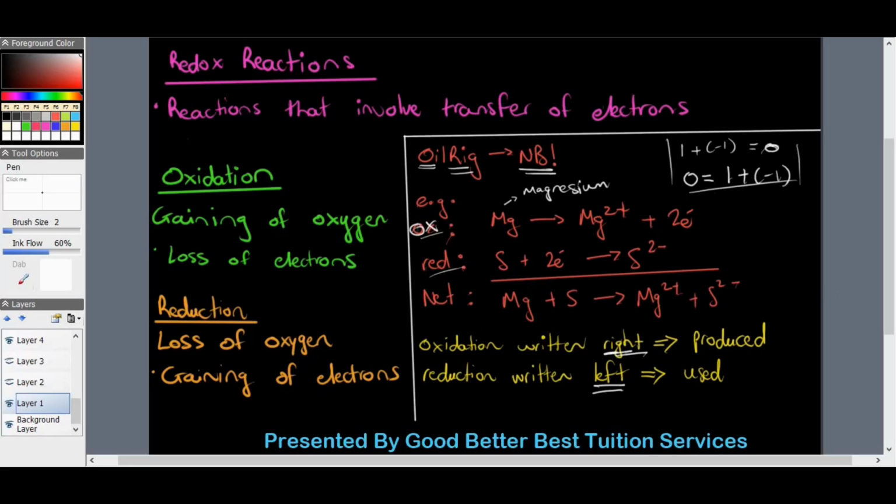This is essentially what we recapped from last week when I introduced redox reactions, and today we'll be moving a step further.